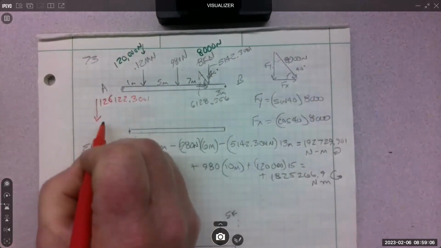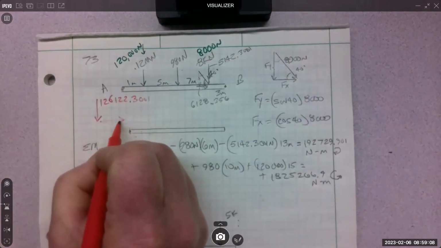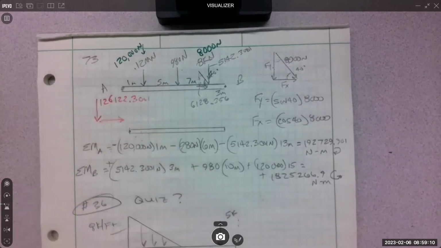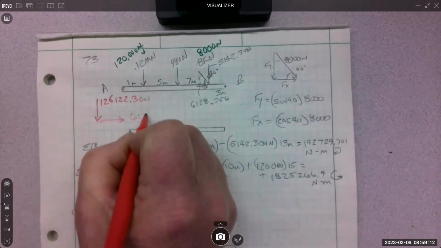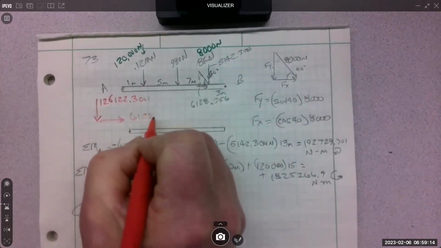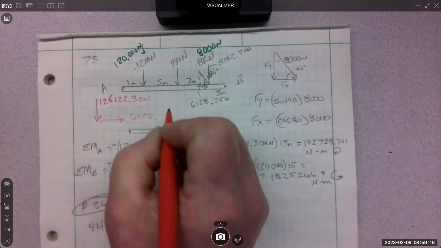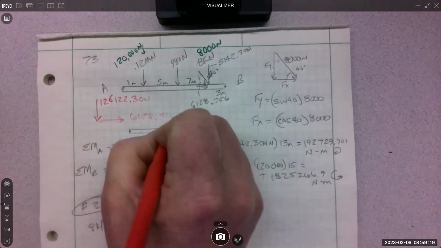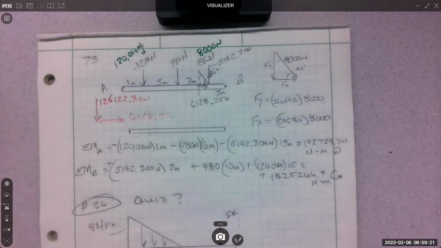And then what do we have in the X? There's only one little force in the X. It's not little, it's 6 grand, but it's not anywhere near the 126,000. So the resultant's pretty vertical, but not totally vertical.